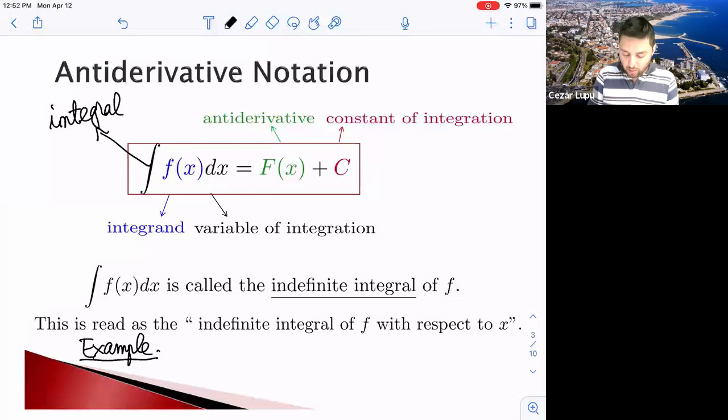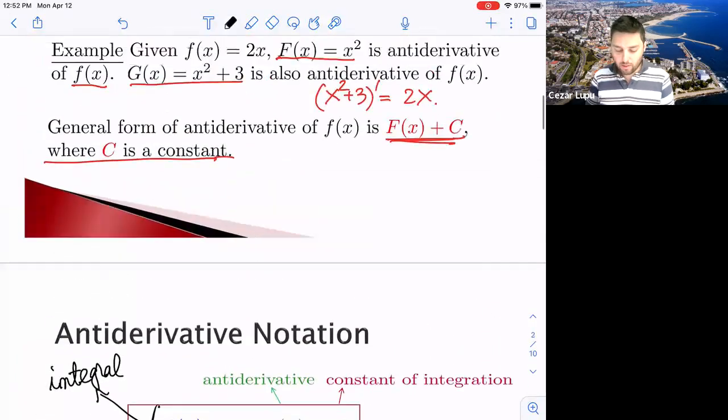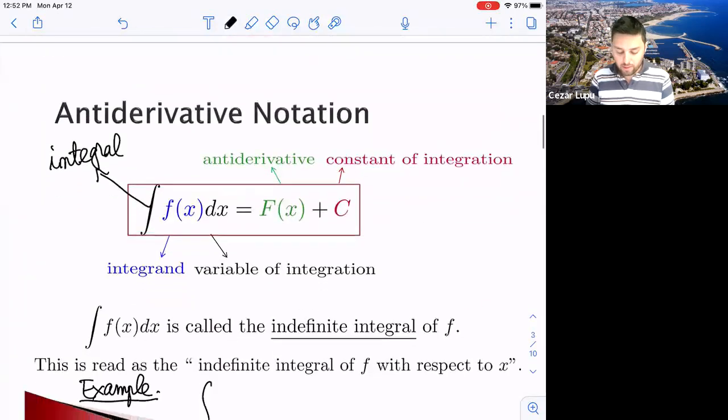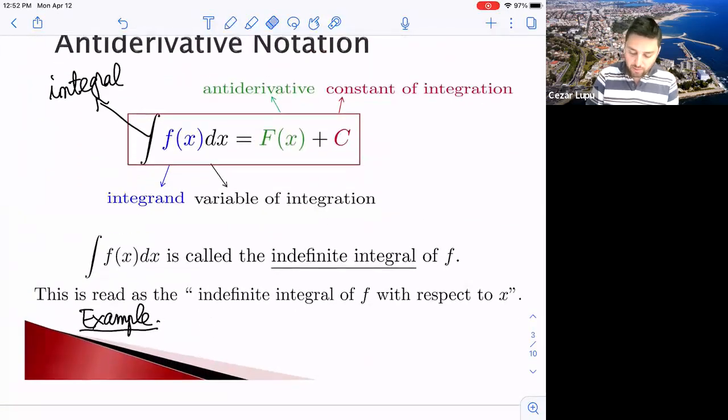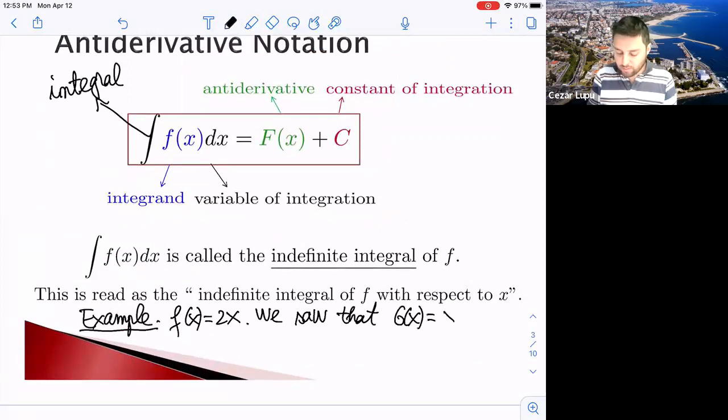Let me take f of x to be 2x, just like in the previous example. And what did we say? We saw that this function g of x, which is x squared plus c, is the antiderivative of f.